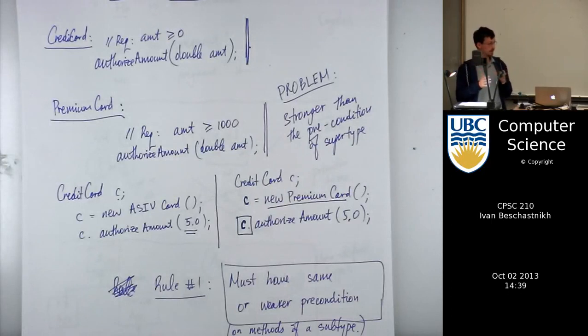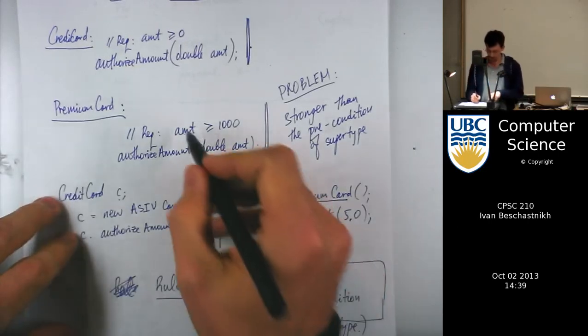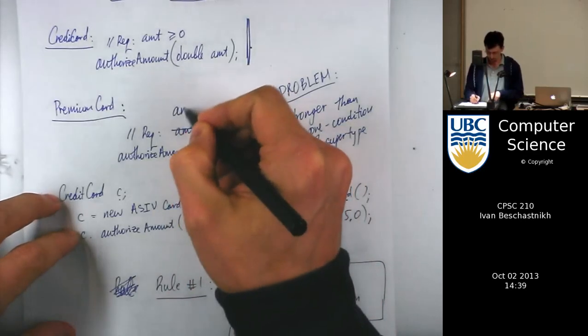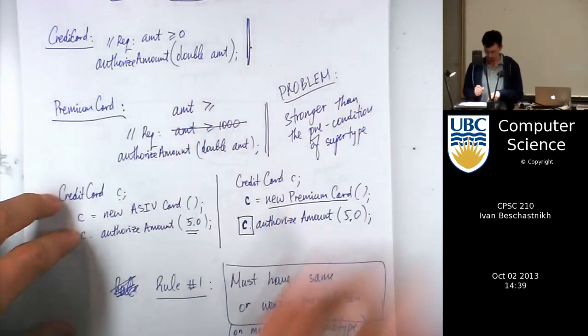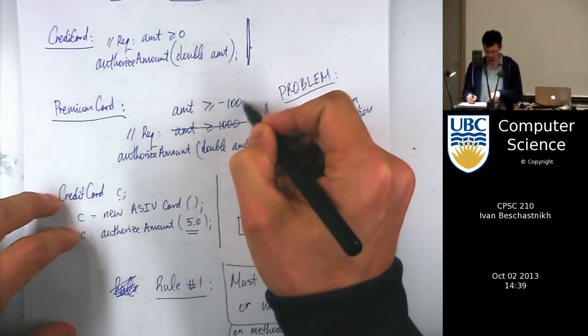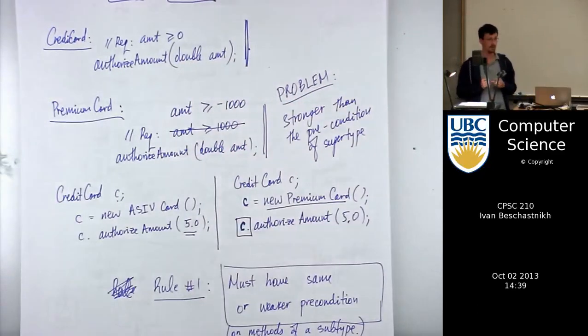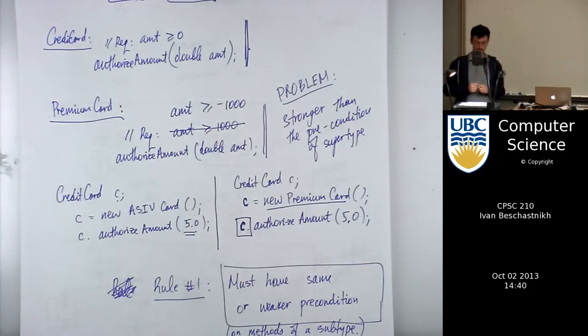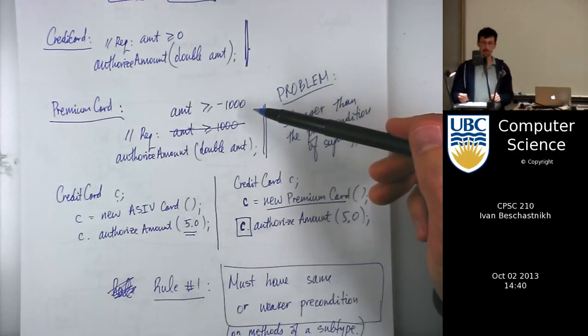It constrains the kind of amounts that are legal. So that's what I mean by stronger precondition. So it would be legal to have a different precondition, which is something like amount greater or equal to negative 1,000. That would be okay, because I weakened the precondition. I allowed more values.